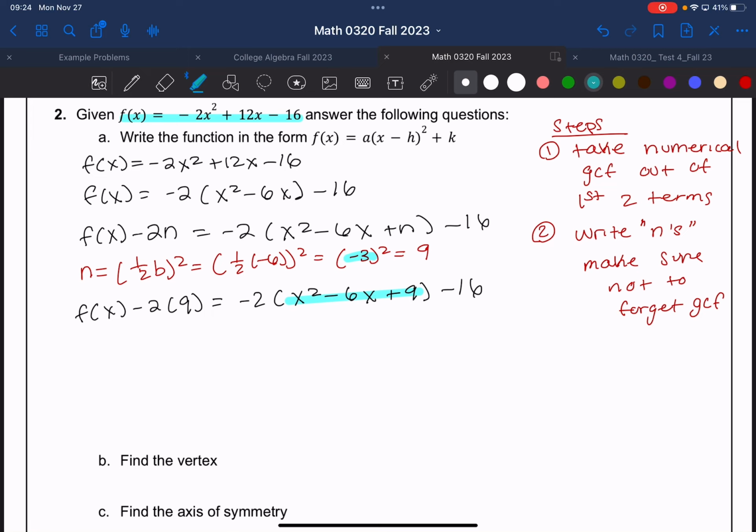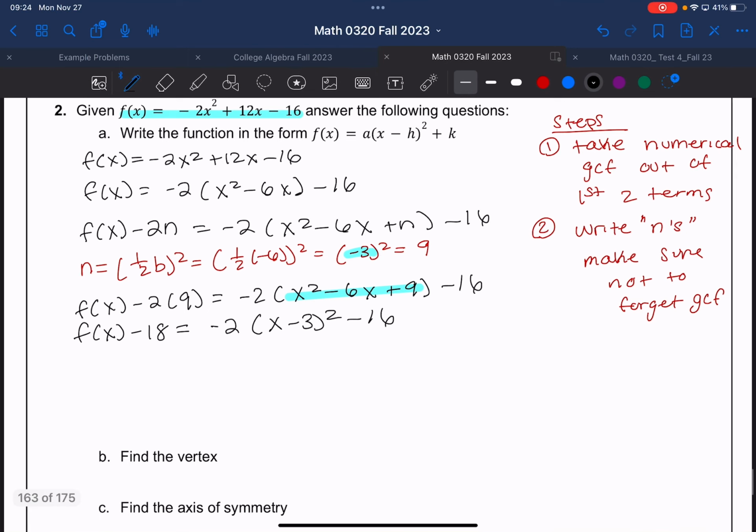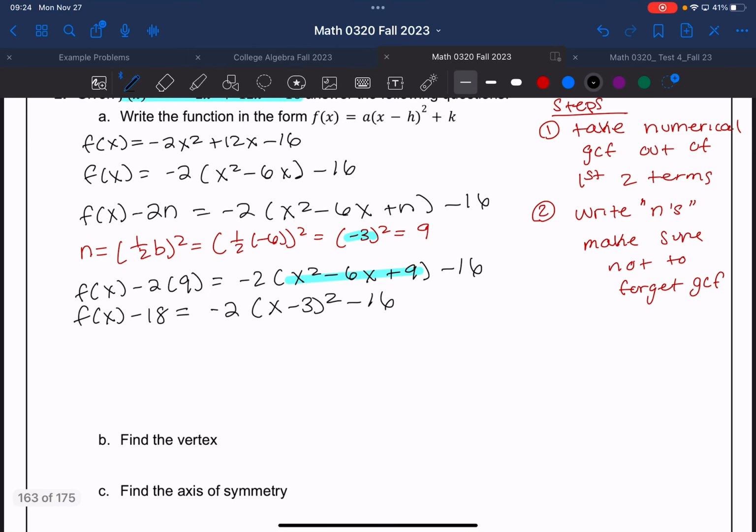Okay? So that means I am going to write this as f of x minus 18 is equal to -2 times x minus 3 squared minus 16. Okay, so I completed the square.